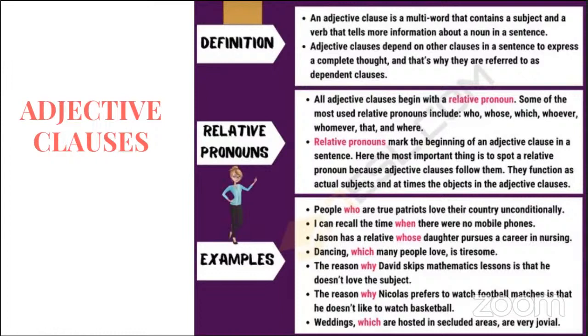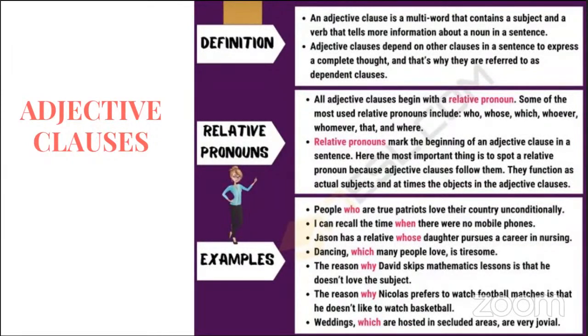Adjective clauses depend on other clauses in a sentence to express a complete thought. And that's why they are referred to as dependent clauses. Relative pronouns. All adjective clauses begin with a relative pronoun. Some of the most used relative pronouns include who, whose, which, whoever, whomever, that, and where.